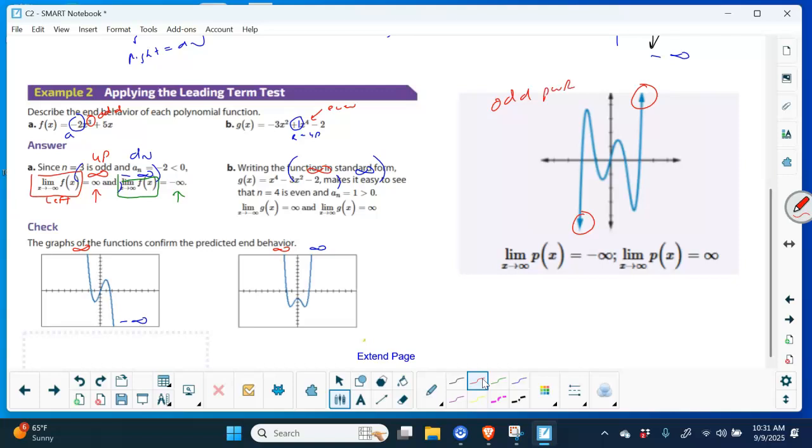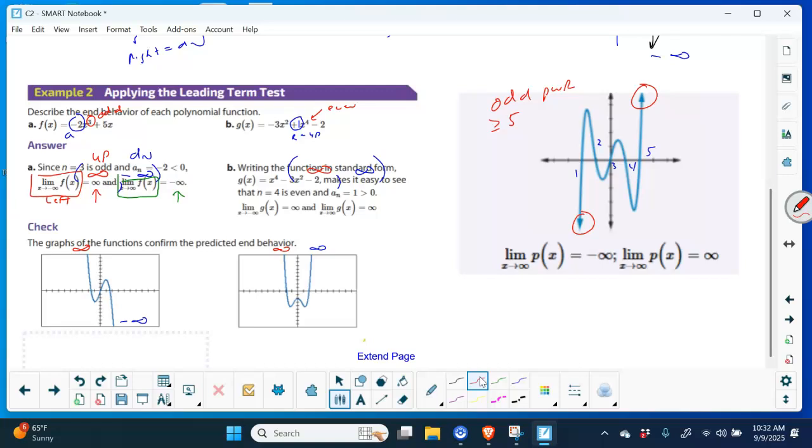Now, let me show you one other interesting thing. Watch how many direction changes we have. We're going up, we're going down, we're going up, we're going down, we're going up. This power has to be greater than or equal to 5. It's got to be at least a 5th degree.